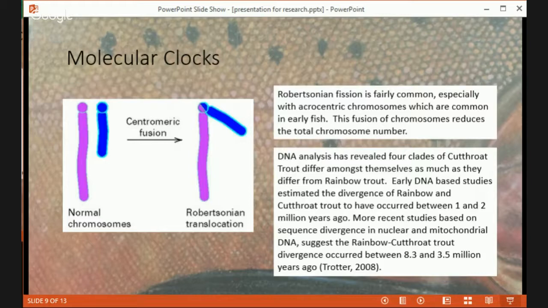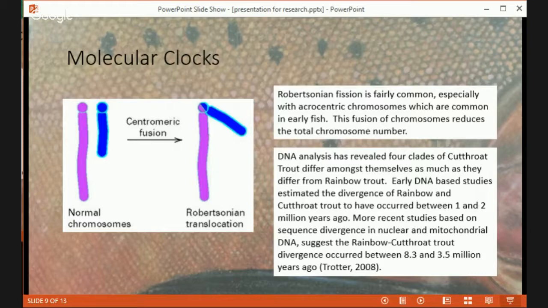So if the original chromosome number of 48 was doubled, and over millions and millions of years, it has been gradually reducing with these Robertsonian fusions, trout and salmon species with more chromosomes would represent an earlier divergence.